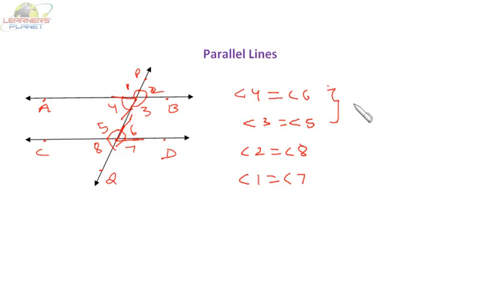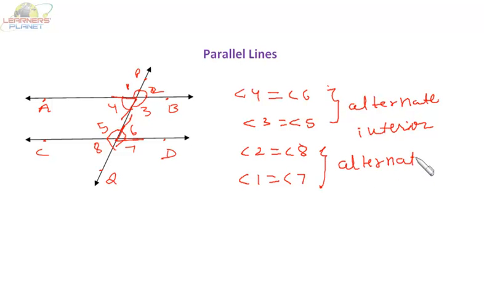So these are alternate interior angles and these are alternate exterior angles. As a whole, we call them alternate angles. So in the case of parallel lines, alternate angles will be equal.